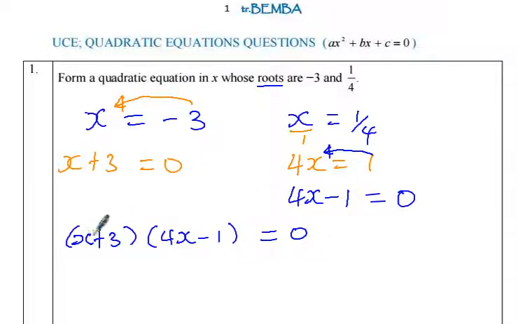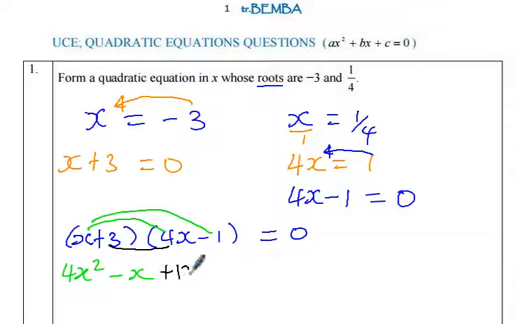Now, opening brackets, when I multiply this, I have 4x squared. When I multiply it again, I have minus x. That's the first part. Then I go to this part, positive 3 times this, positive 12x. Then positive 3 times this, minus 3 is equal to 0.